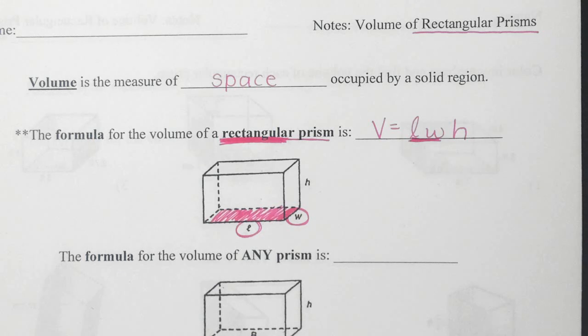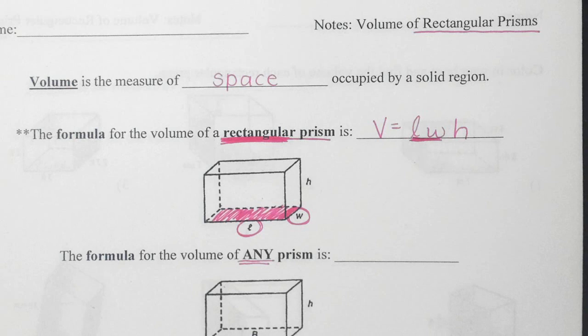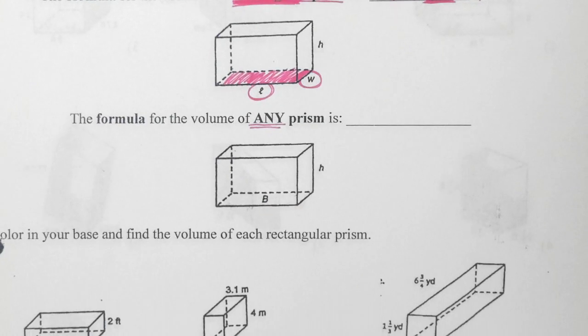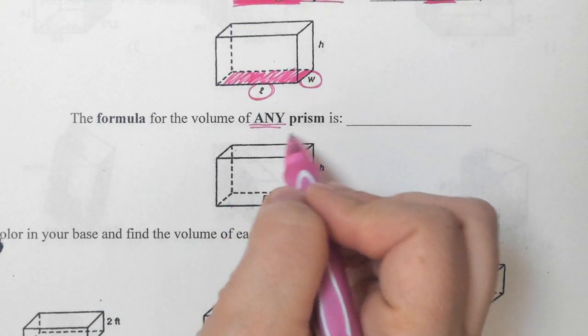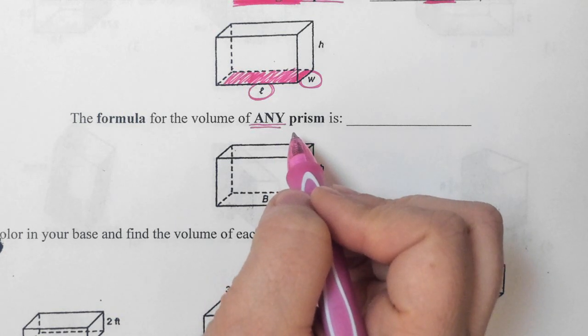Now in the 6th grade, we just need to know length times width times height, but I'm an overachiever. So I want us to also talk about the formula that will go with any prism, because you will be doing other prisms in 7th grade. If you know this formula, then you'll already know the 7th grade formula.